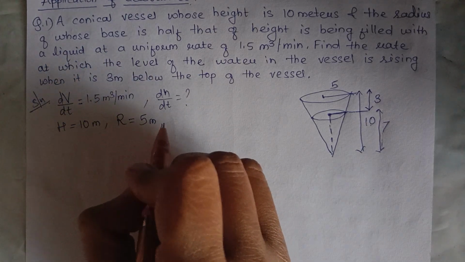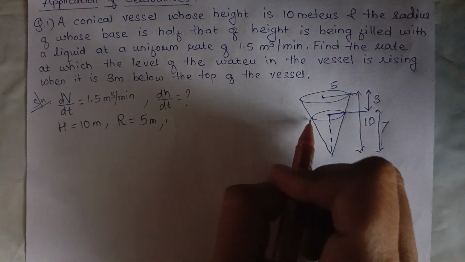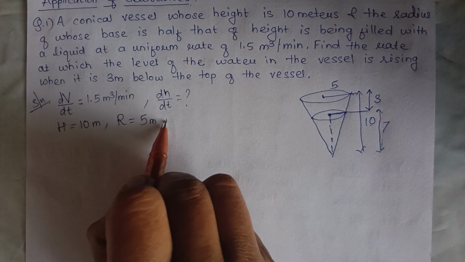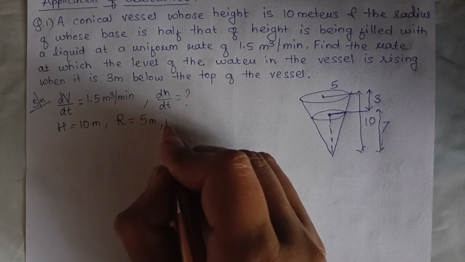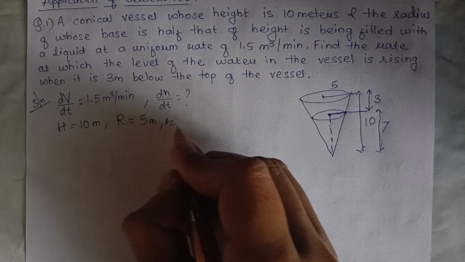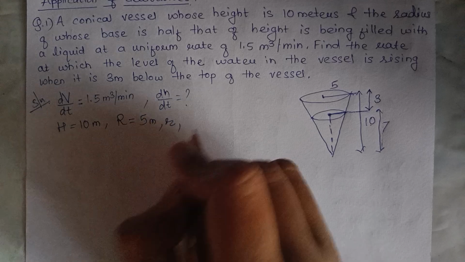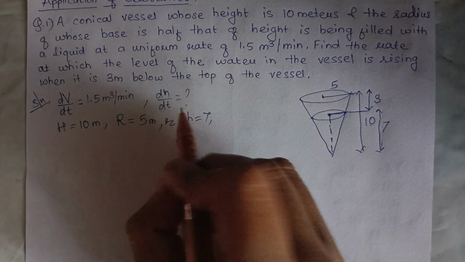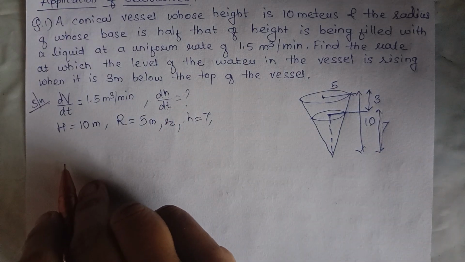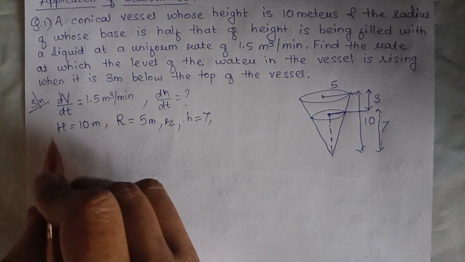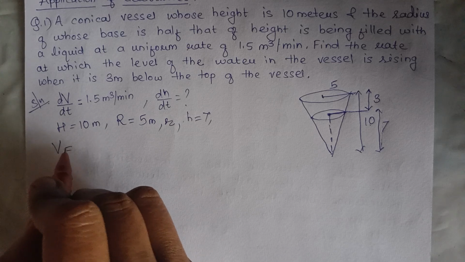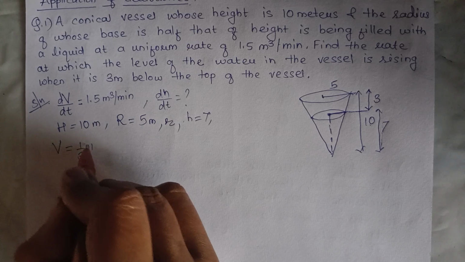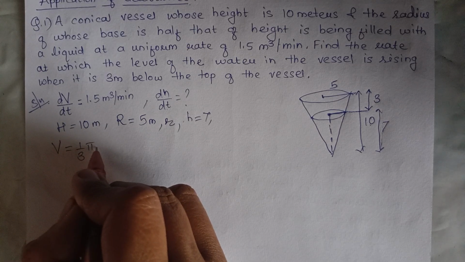Now the new level at which the water is there, that radius we can take small r, and the new height is 7. You have to find dH by dt. So volume, how is it given? Volume of the cone is 1 by 3 pi r square h.